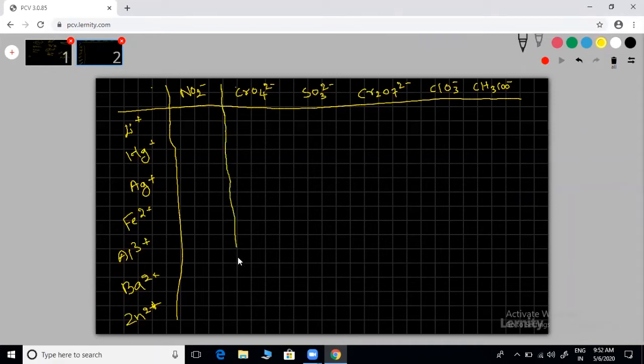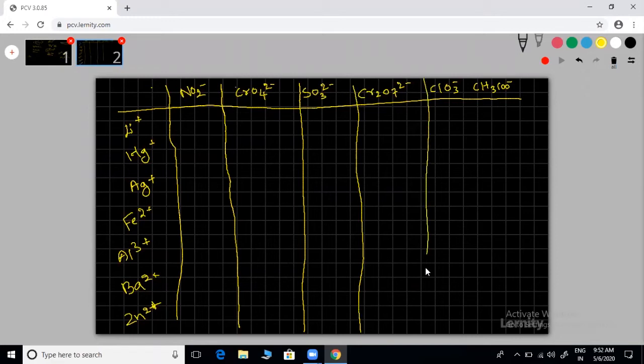You can try. Hg plus, this is. If you are not understanding anything, let me know.